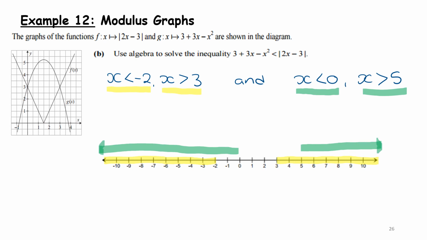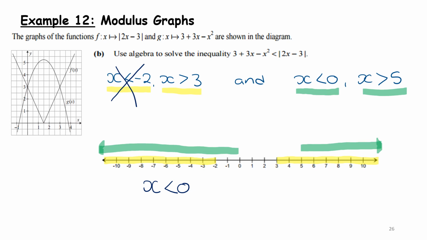So which are the best two answers to take? Well, for the negatives, so for the left-hand side, the more complete answer, the green one, will include more, because the green answer of x is less than 0 will also include the answer x is less than minus 2. So we're not going to include that because it's already included in x is less than 0.